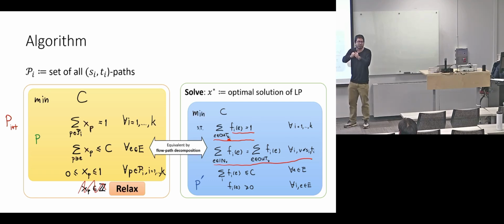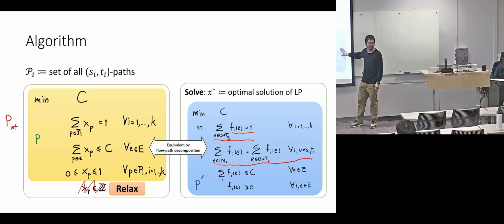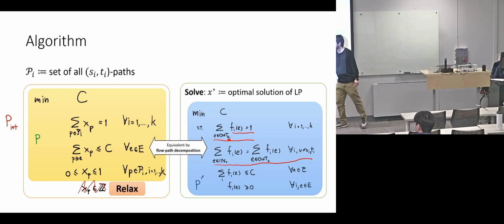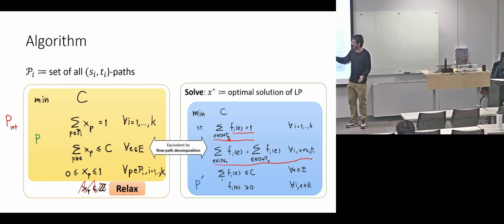There are K commodities, like K types of water. And I want to send 1 unit of type i flow from Si. I have the conservation constraint for each type of flow. For each i here, I have a flow conservation constraint. But when it's about the capacity constraint, this is a sum over all types.